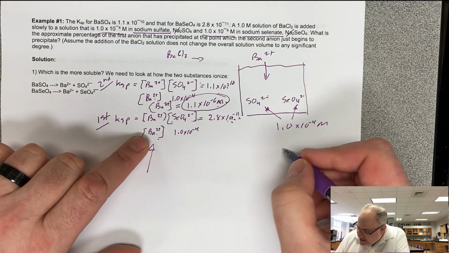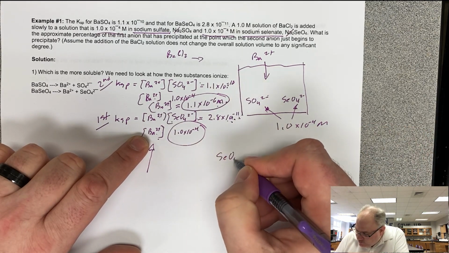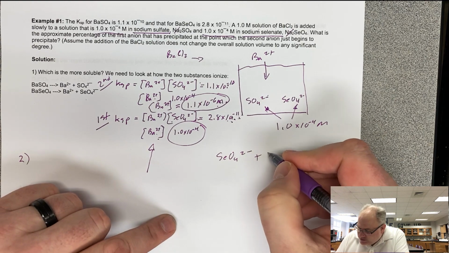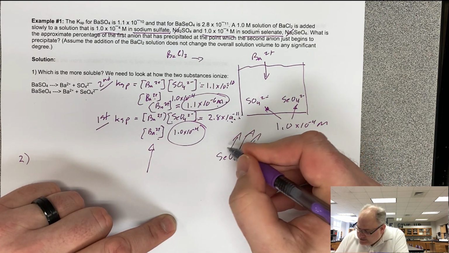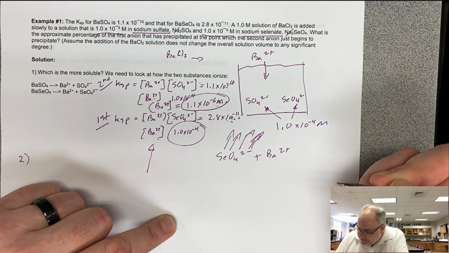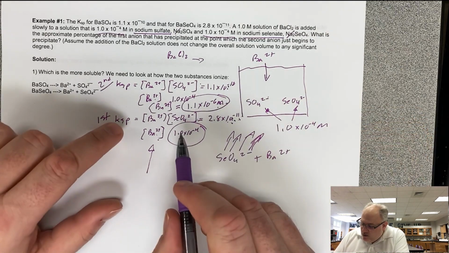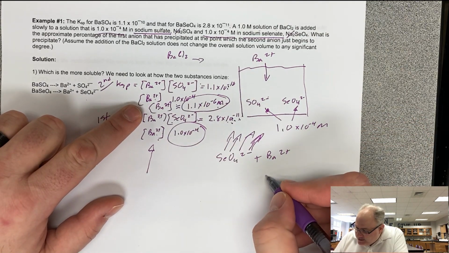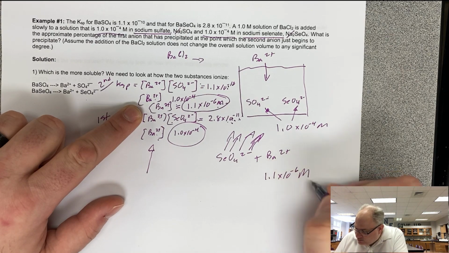We start off in our container with 1.0 times 10 to the negative 4 of our SeO4 2-. But as that reacts over and over again with Ba2+, would you realize that we're losing SeO4 over and over and over again? Yeah? While we're still adding in more and more Ba2+. When the second thing starts precipitating is when we have 1.1 times 10 to the negative 6 molar of this.